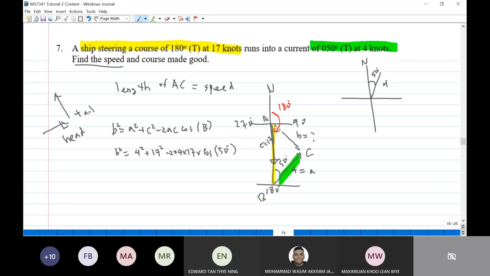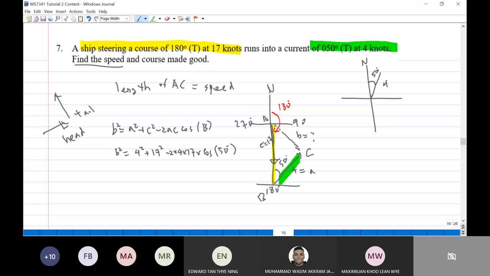So 4 square plus 17 square minus 2 times 4 times 17 times cosine 50.